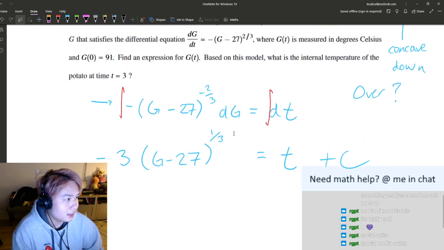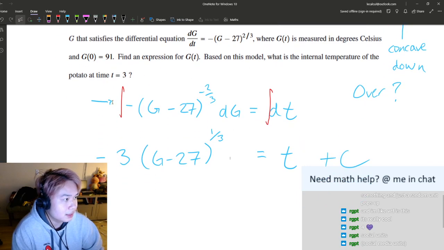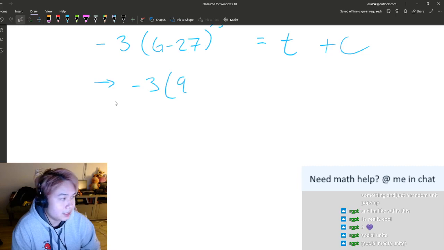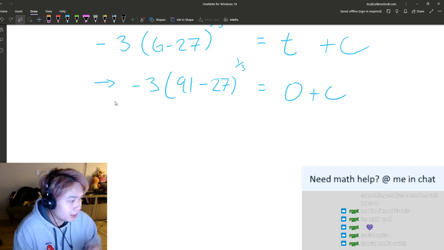Okay, and then we need to find the constant, so that's why they tell us this condition, g of 0 is 91. So that means that g, which is 91, and then this happens at time 0, and we can find our constant.